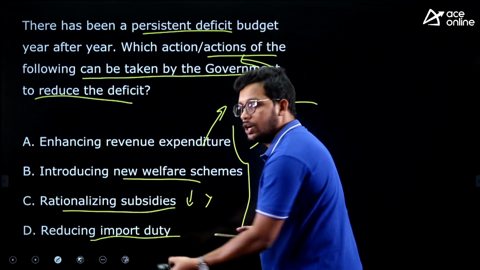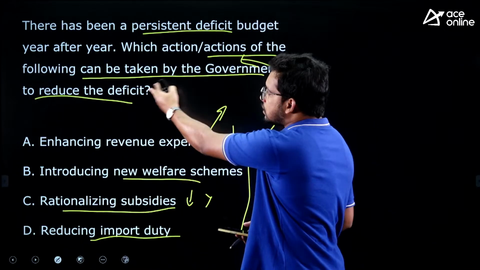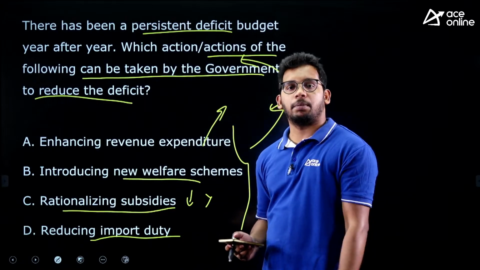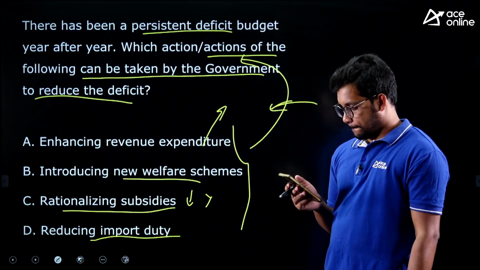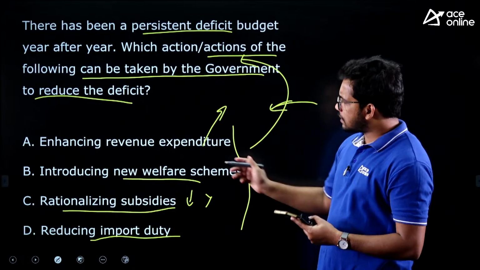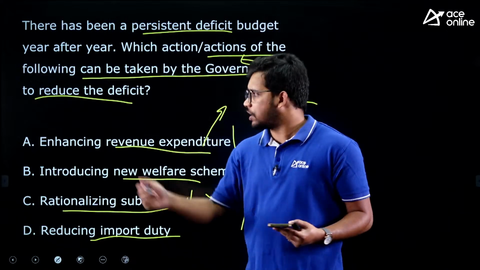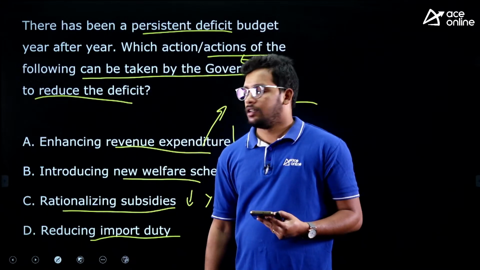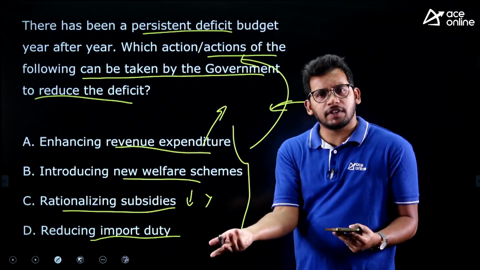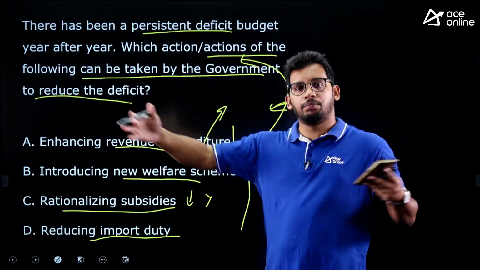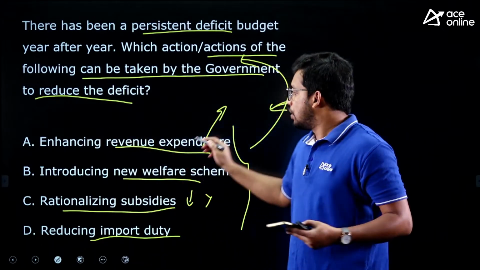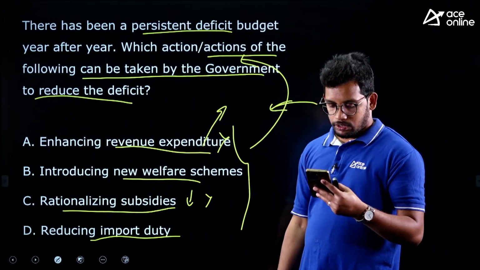Which measure should the government take to reduce their deficit, to reduce their debt? Jashwant, understand, enhance revenue expenditure. Will increasing the expenditure reduce the government deficit? No, right? It will increase the deficit more. They will enlarge their differences. So this is not a good measure.